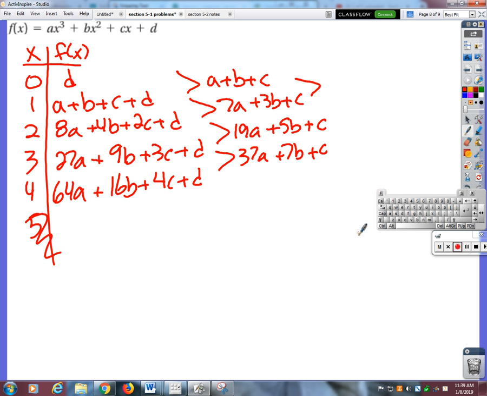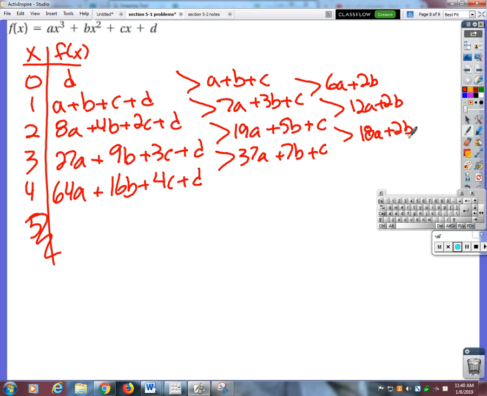So let's keep going. What do you get when you subtract those? Yeah. Go ahead. Okay. What do I get when I subtract 6a plus 2b? When I subtract these, I get 12a and 2b. And when I subtract these, I get 18a plus 2b.